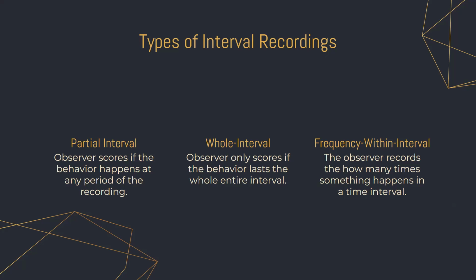But on the other hand, in a whole interval, if they're only sipping it for 1 second within the whole interval, we do not count it. Only if they're drinking for the full 10 seconds will we count it. And frequency within interval is how many times someone does it. So inside the 10 seconds, how many times are they drinking?